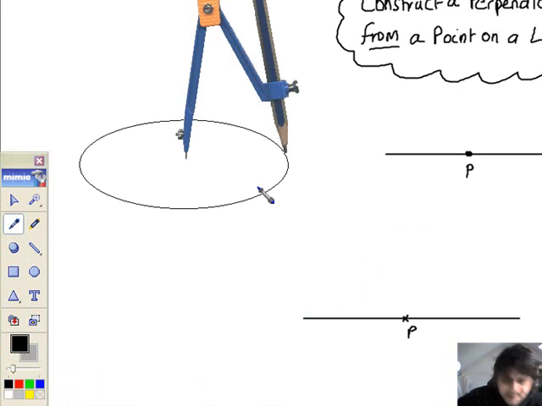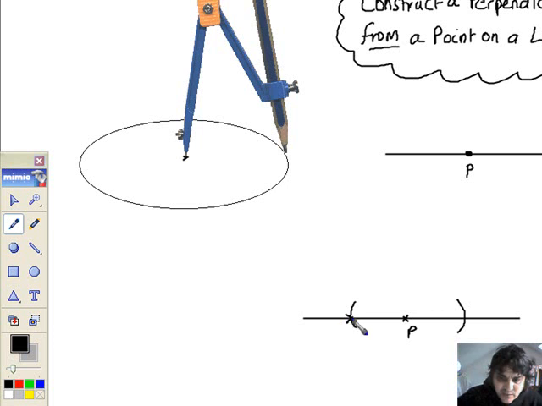Now, what I need to do is take my little compass, put that point right there, and just do a small arc. It's basically a circle, but all I need is a little arc like that, and a little arc like that. I don't need the rest of the whole circle.